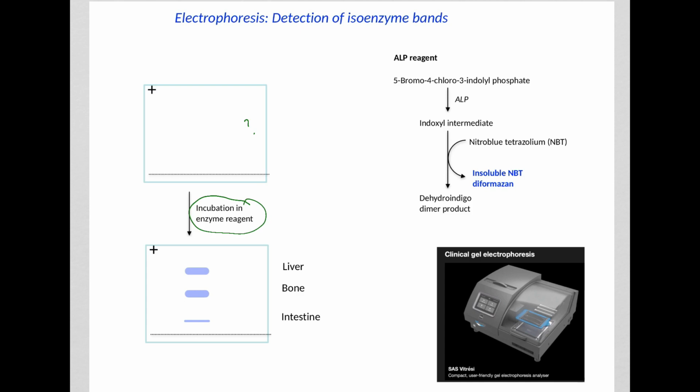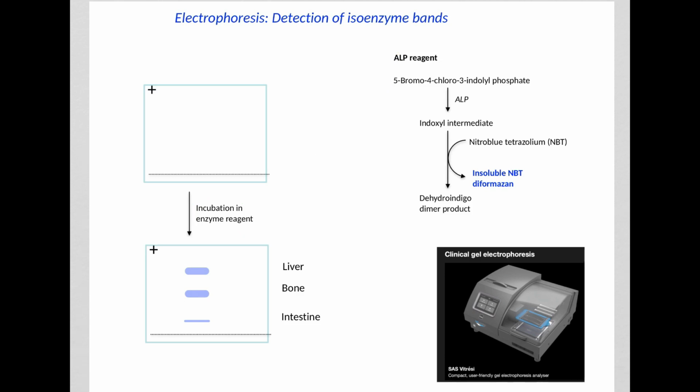So for example, if this was an ALP analysis, alkaline phosphatase analysis, we would use the ALP reagent. We will incubate the gel in this ALP reagent.